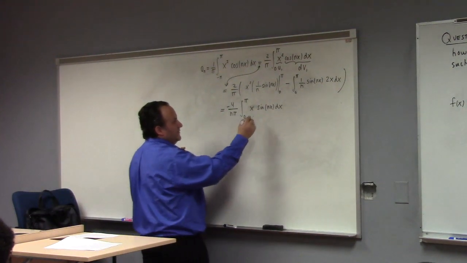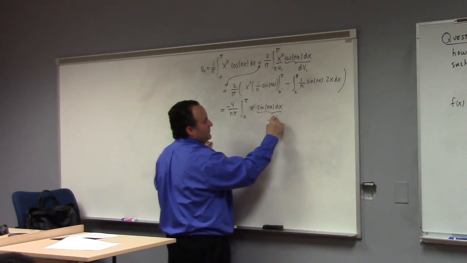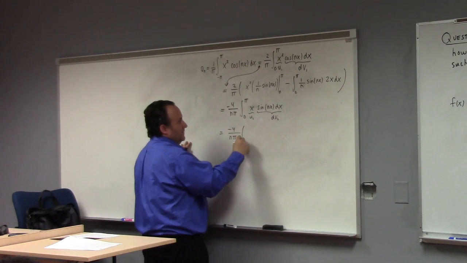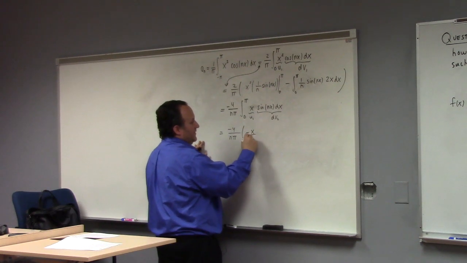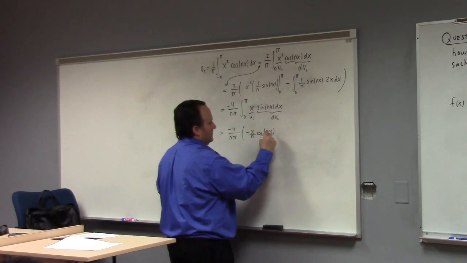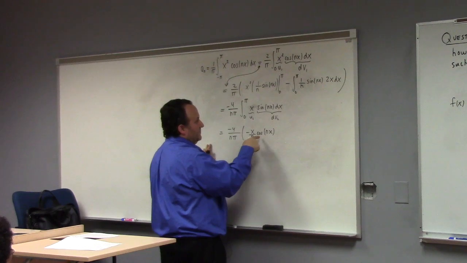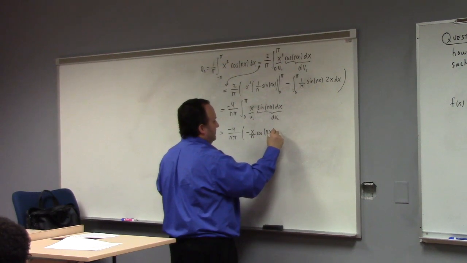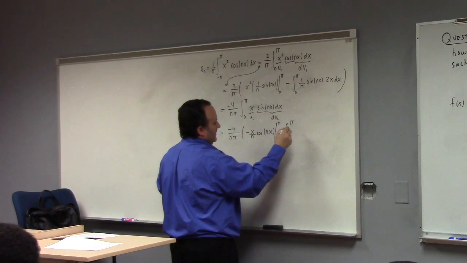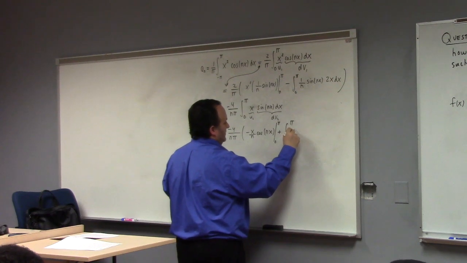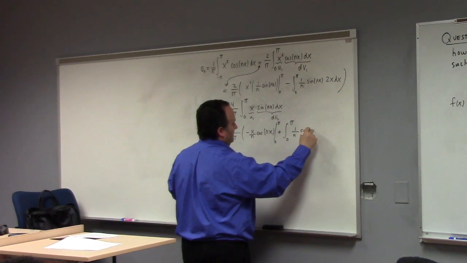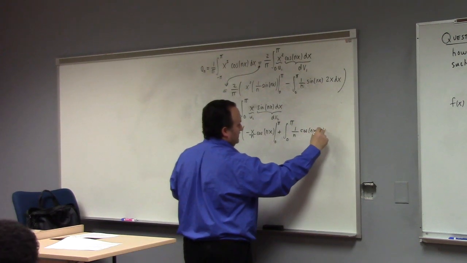Okay, so continuing, we integrate by parts again. Here's my dv2, here's my u2. We get minus 4 over n pi, minus x over n cosine of nx, because the integral of sine is minus cosine, and then plus the integral from 0 to pi of 1 over n cosine of nx dx, of course evaluated from 0 to pi.